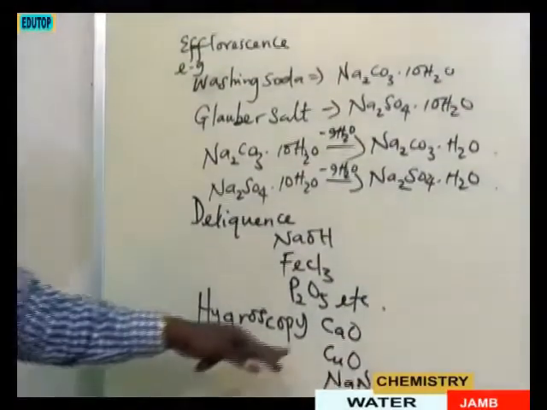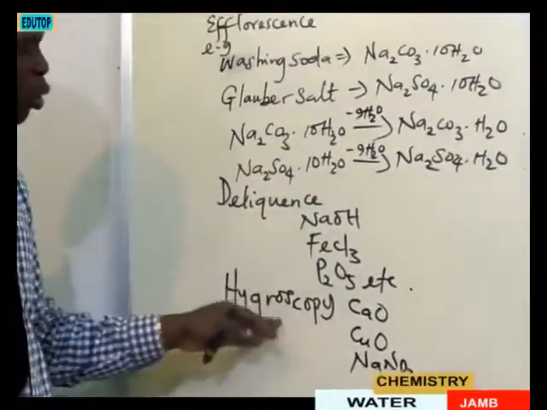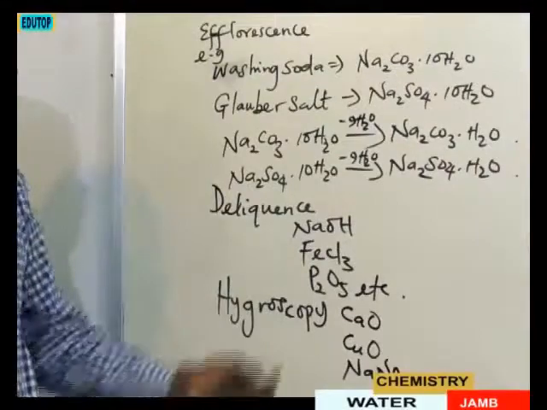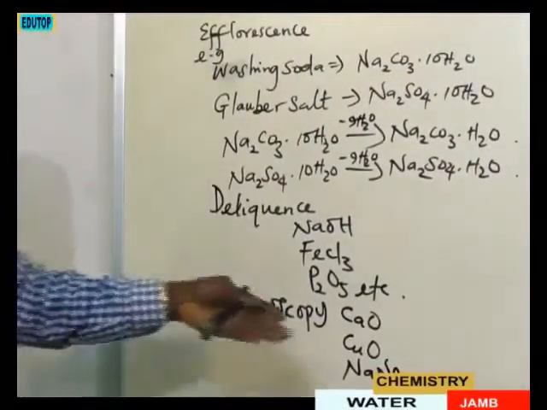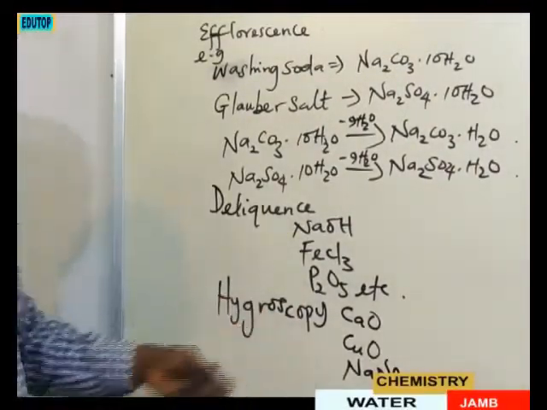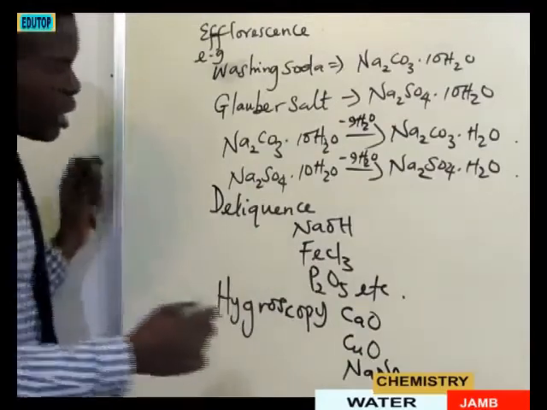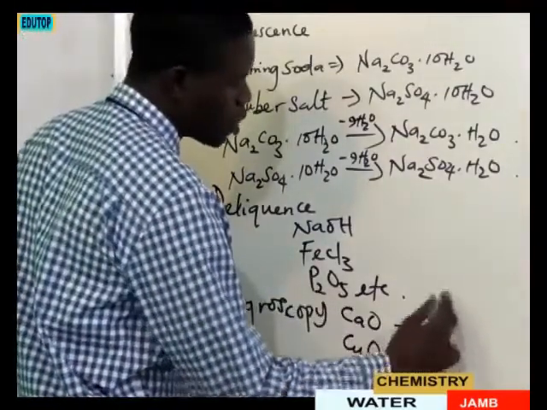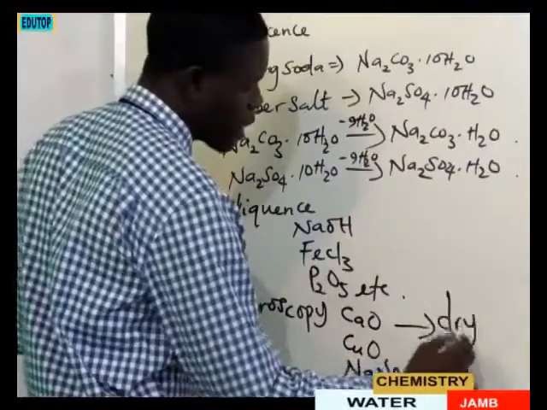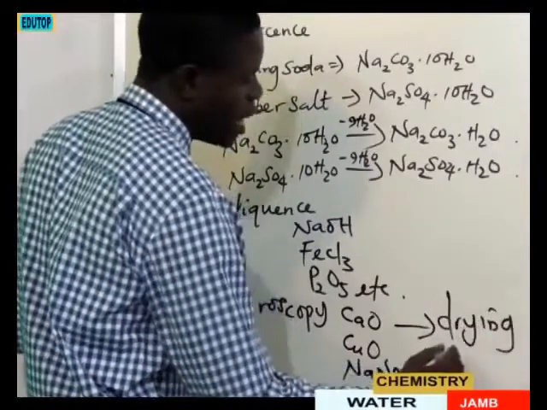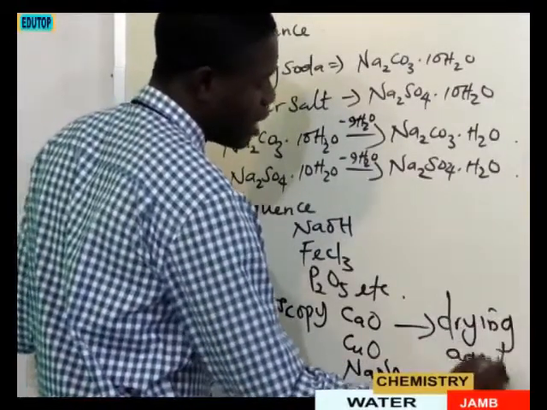So in this situation, they undergo what? Hygroscopy. So these ones absorb moisture from the atmosphere, but they do not turn into what? Into solution. So in that situation, this one is better used as what? Both of them are better used, but this one is better used as a drying agent. What are drying agents?